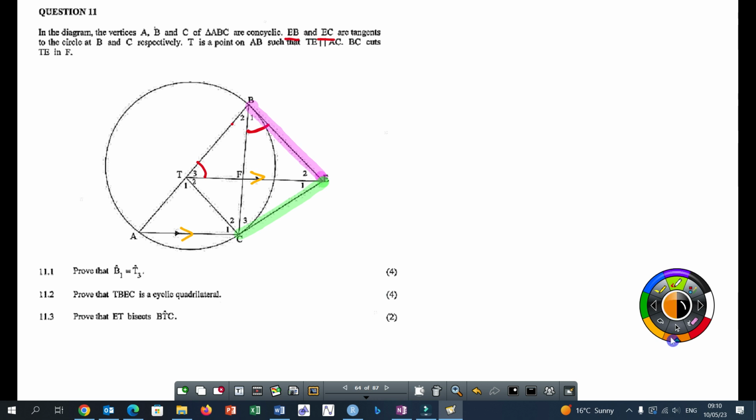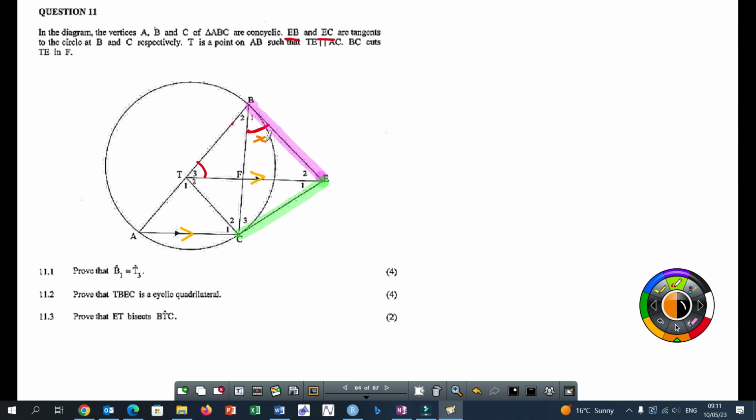So, for me, I'm going to say let x be angle B1. Okay? You can choose any other angle you want, but it will be your choice. Okay? As long as whatever angle you identify is going to help you to solve the question. Okay? Are you following that?